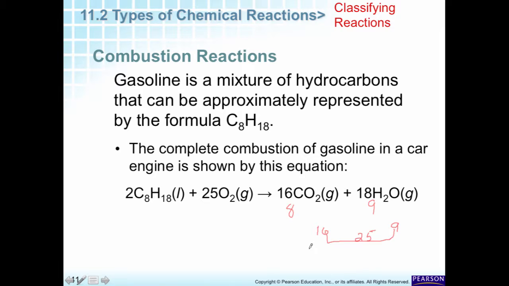I have 1 here, I have 8 and 9, but I have 25. How would I get 25? I would say 25 over 2. So what I did is I went through and multiplied by 2 all the way through, and that's how I got these coefficients.